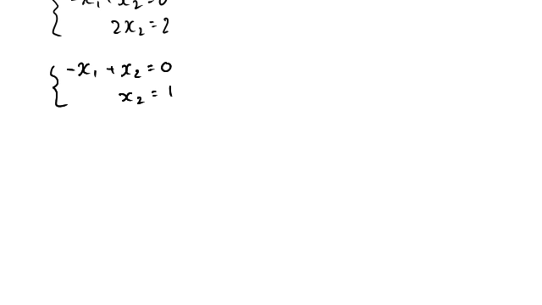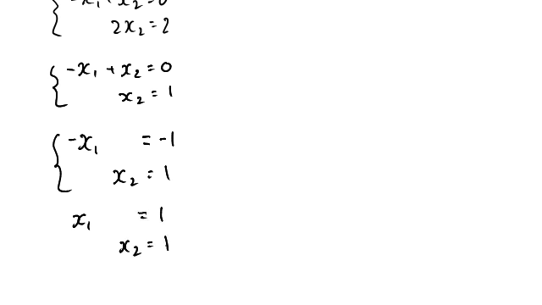In the next step, I add minus 1 times the second equation to the first. That gives me minus x1 plus x2 minus x2, that's 0 minus 1, which is minus 1. And the second one is x2 equal to 1. And in the final step, I multiply the first equation by minus 1. And that tells me that x1 is 1 and x2 is 1.